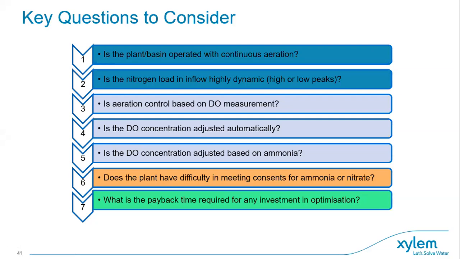Is the nitrogen load very variable? We obviously see some changes in nitrogen load coming onto the works, but is that very, very unstable in terms of how it comes on? Are we controlling the aeration based on DO measurement? And do we adjust that DO measurement or the required concentration automatically?